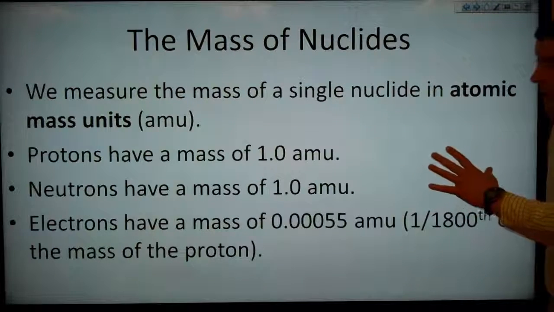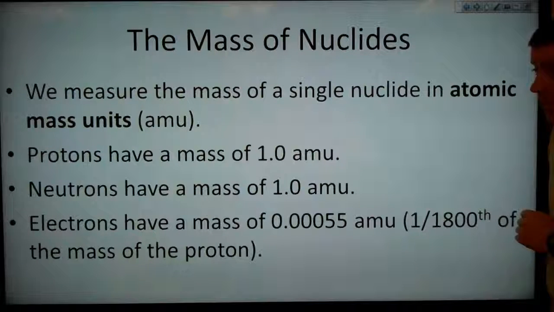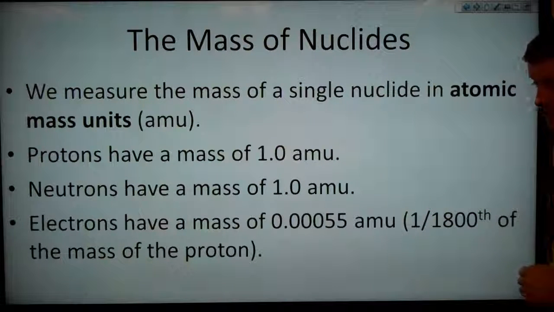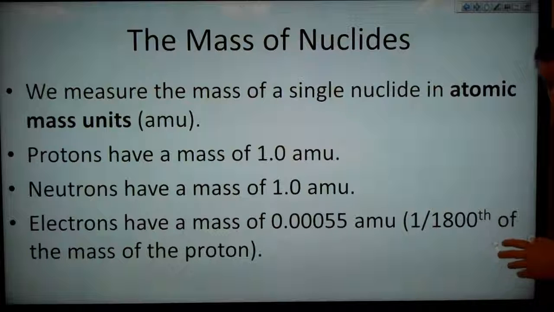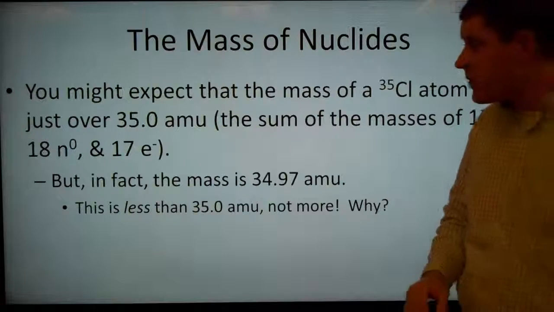Now, we can measure the mass of a single nuclide in atomic mass units, or AMU. Protons have a mass of 1 AMU, neutrons have a mass of 1 AMU, and electrons have a mass of 0.00055 AMU. This is about 1/1800th of the mass of a proton, so we generally ignore the mass of the electron.